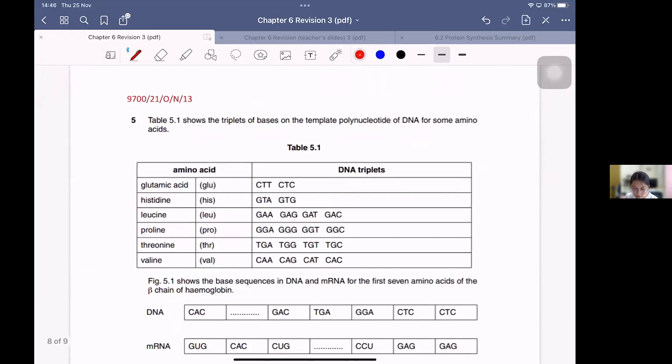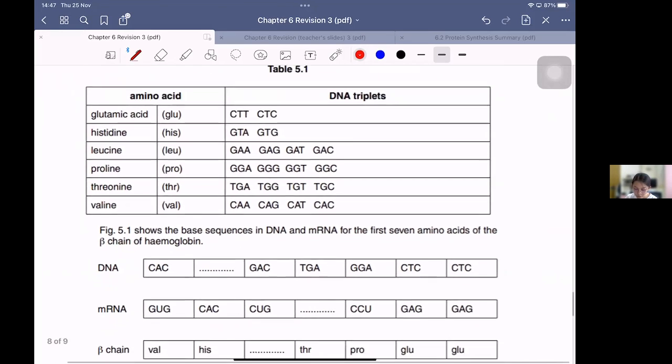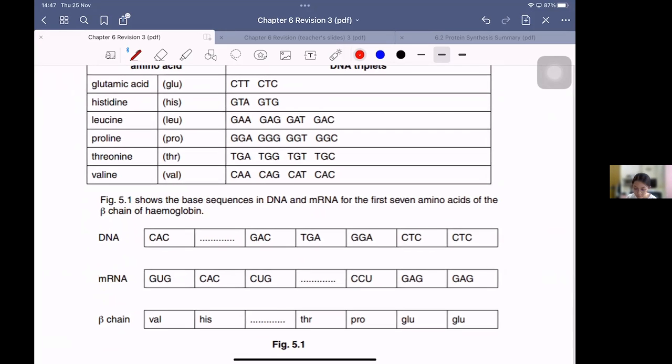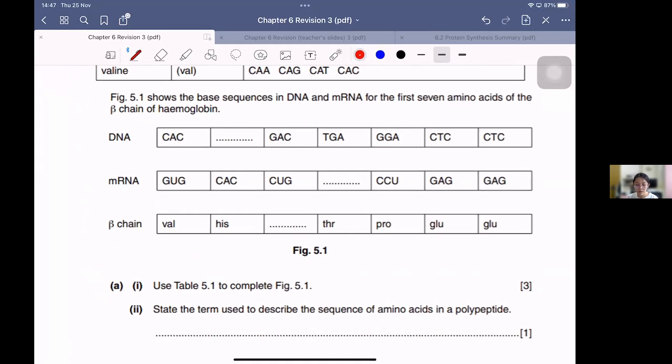So the next question over here. Table 5.1 shows the triplets of bases on the template polynucleotide of DNA for some amino acids. Figure 5.1 shows the base sequence in DNA and mRNA for the first 7 amino acids of the beta chain of hemoglobin. So for the first question, use table 5.1 to complete figure 5.1.